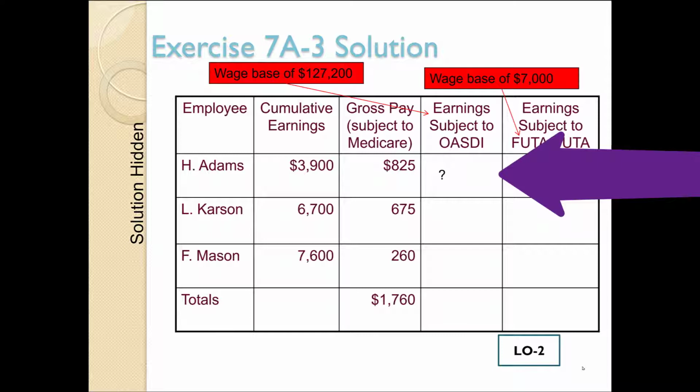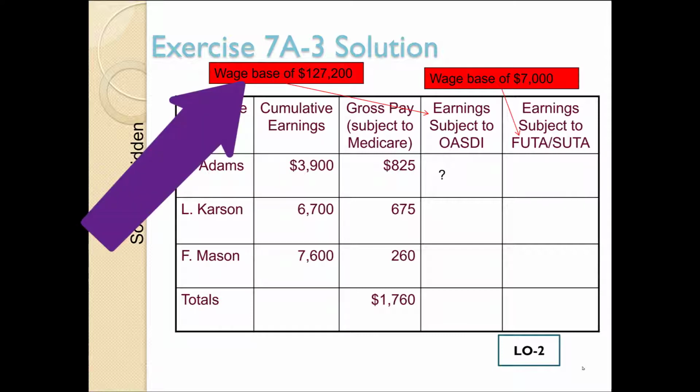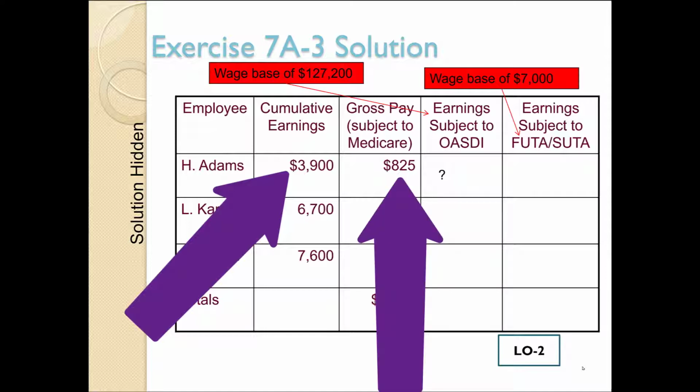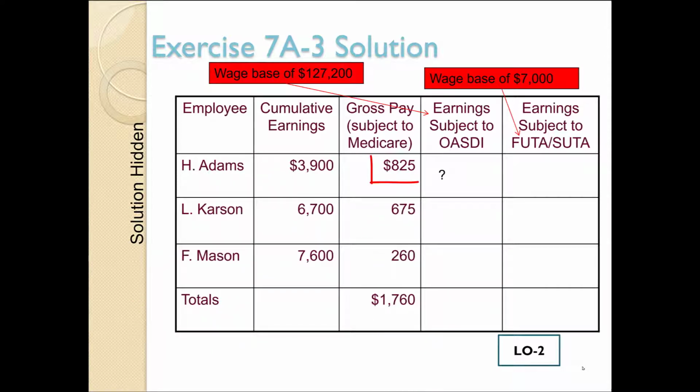So remember, the OASDI wage base is $127,200. So look at Adams' cumulative earnings, add that to his gross pay. Will they be anywhere close to the wage base limit? No. So all of Adams' gross pay is subject to OASDI, so $825.